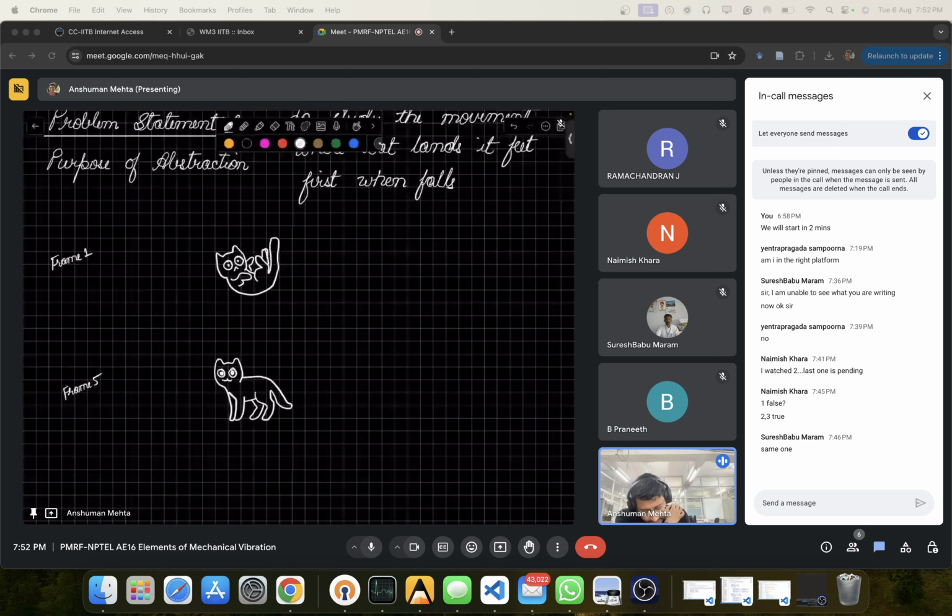First is detection. Like the cat is able to detect, so there should be presence of some sensing element. Let's say you are making a cat robot which can perform the similar action.